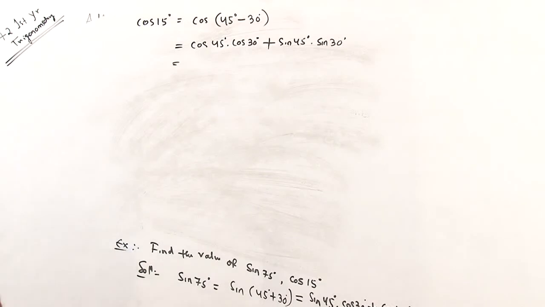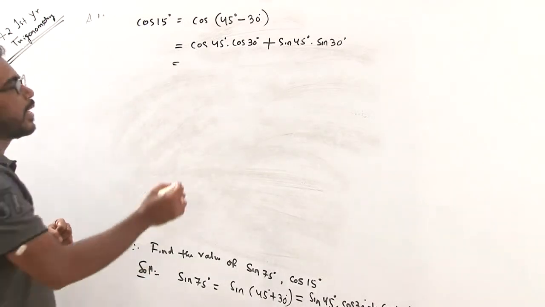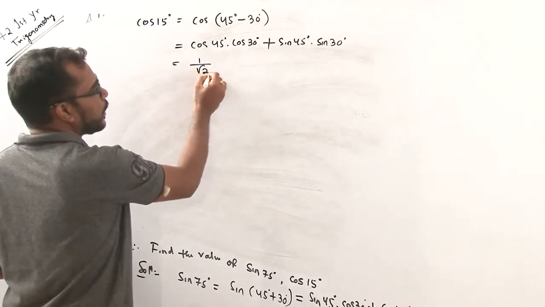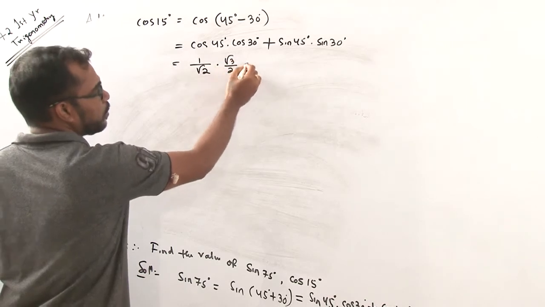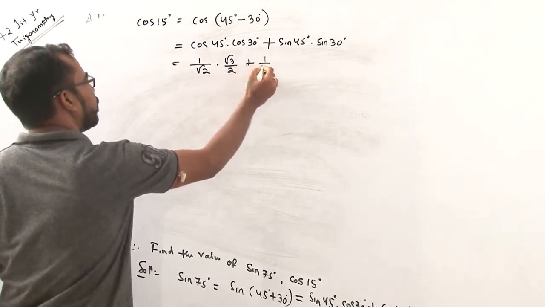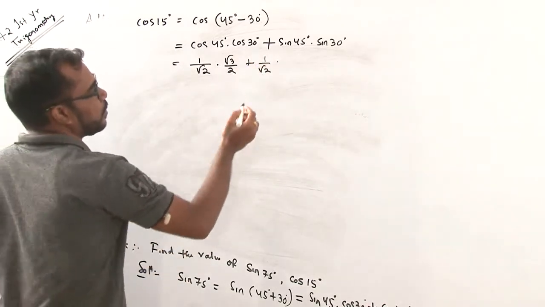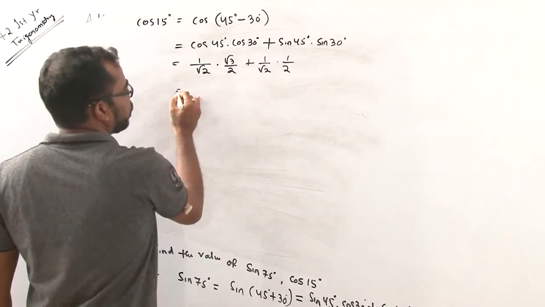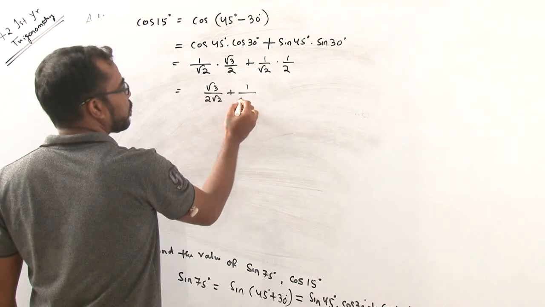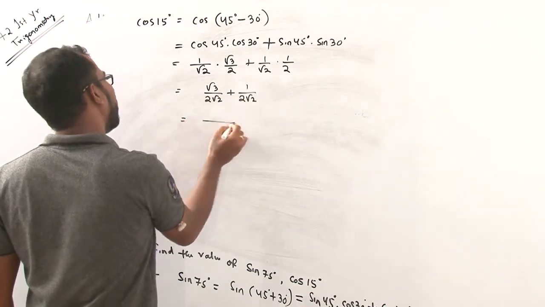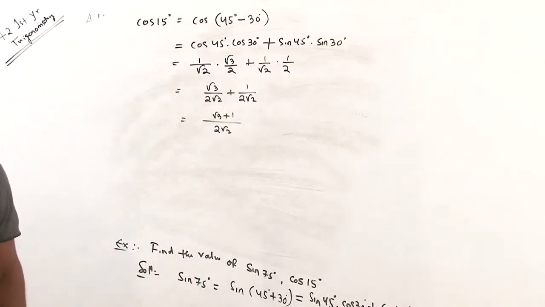Now we put the values of these T ratios: cos 45 degree is 1 by root 2, cos 30 is root 3 by 2, sin 45 is 1 by root 2, and sin 30 is 1 by 2. So this can be written as root 3 by 2 root 2 plus 1 by 2 root 2, and the final answer is root 3 plus 1 by 2 root 2.